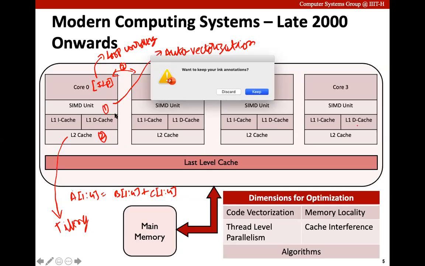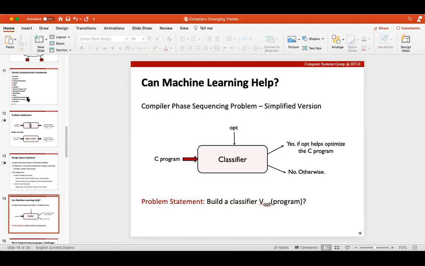Okay, let me do this. Missed out on many important things. Then, wait. What is the last thing you saw?